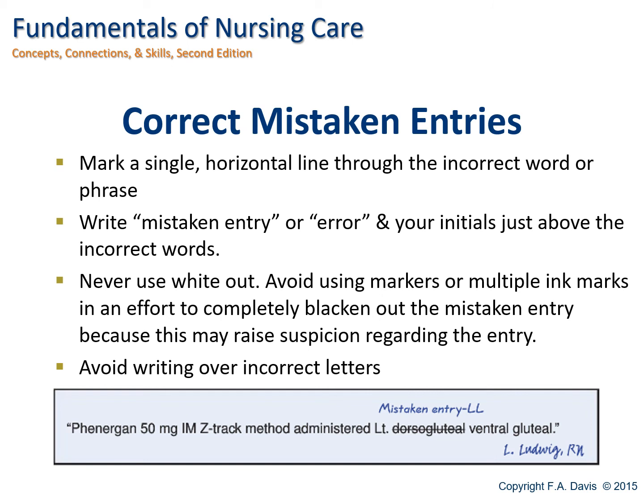That's going to raise suspicion regarding the entry. You also want to avoid writing over incorrect letters. Instead, just cross it out, one single horizontal line, write mistaken entry or error, and then sign your initials. And then you will go ahead and write the correct word or phrase that you were trying to write.